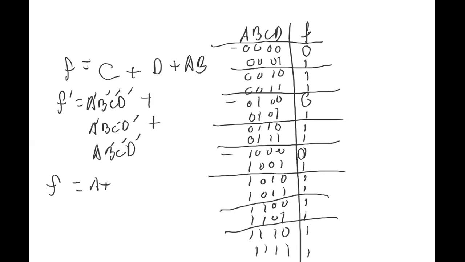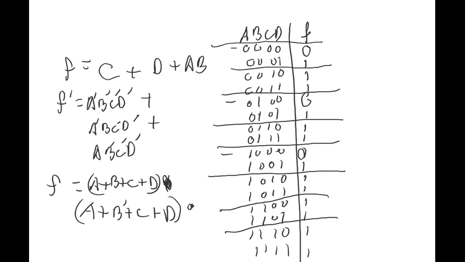A or B or C or D times A or B or C or D', I'll just put a dot in there, times A or B or C or D with the A prime. And that is a canonical product of sums.